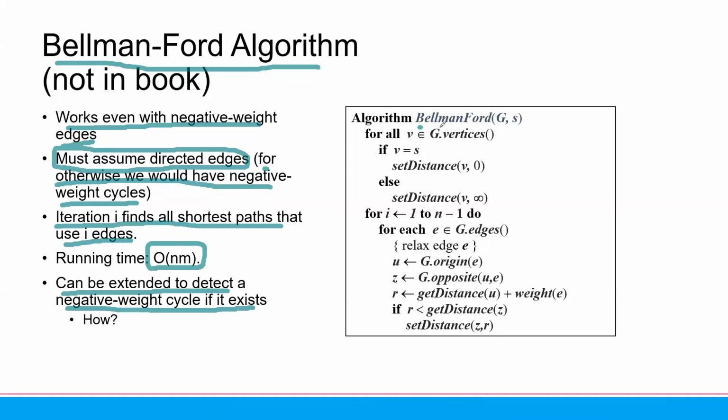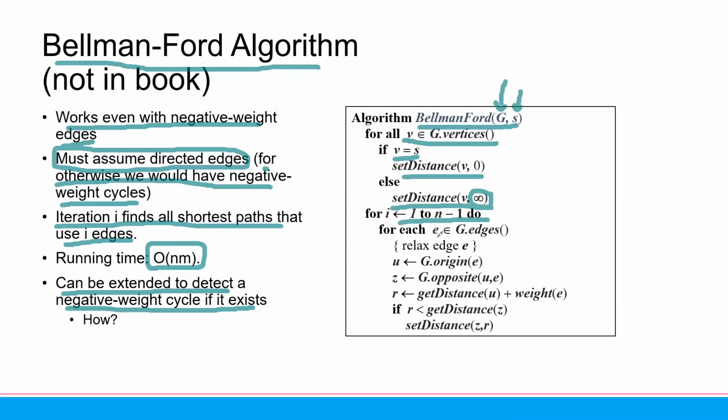This is the algorithm of Bellman-Ford. We have G, this is the graph, and S is the starting point. We want to find all the vertices. If v equals S, then let's set the distance equal to 0. If not S, then let's set the distance of v as infinite. So we will check for every node from 1 until n minus 1.